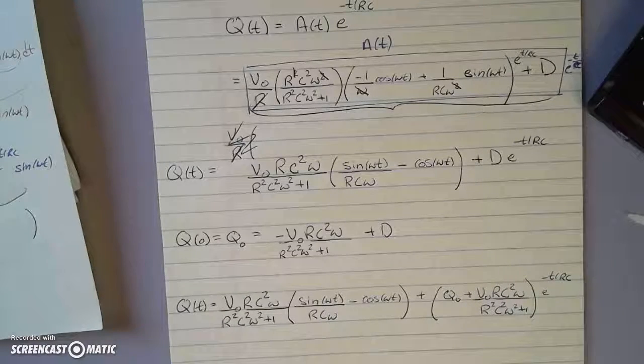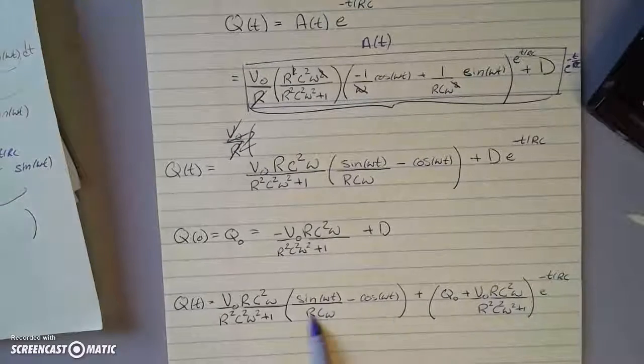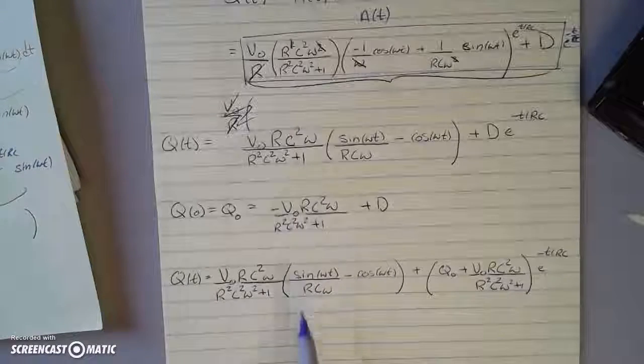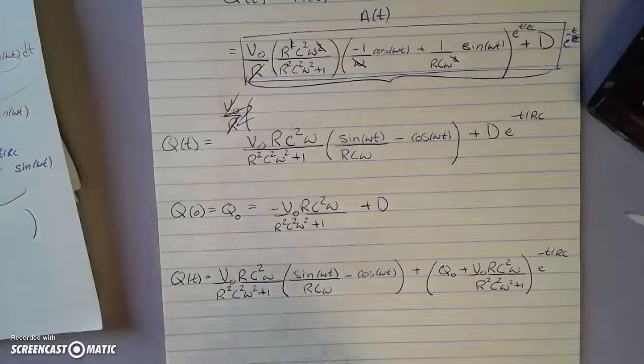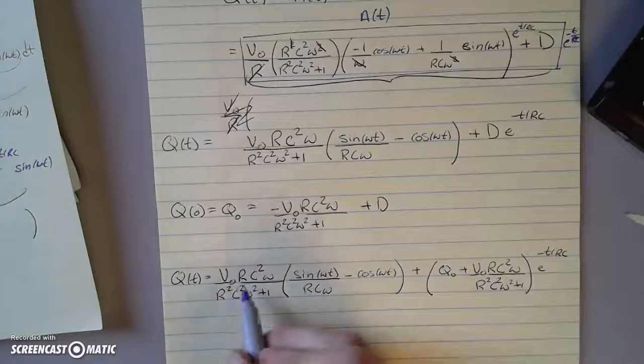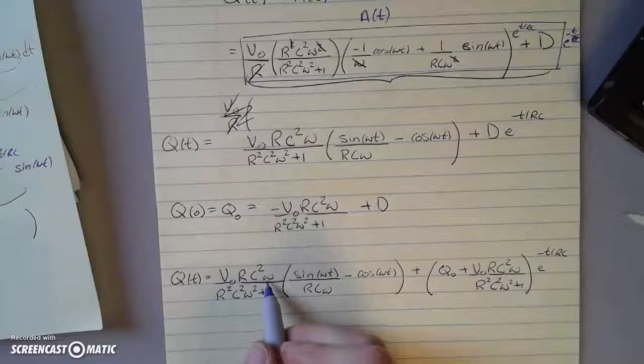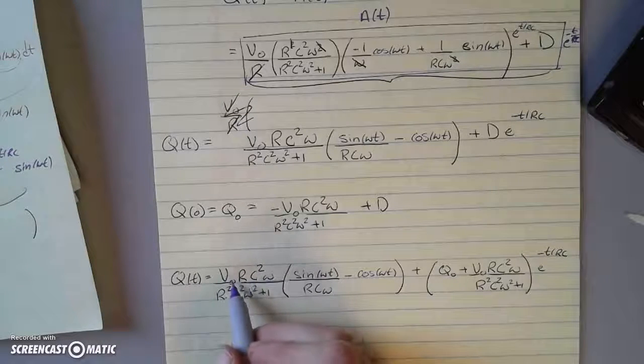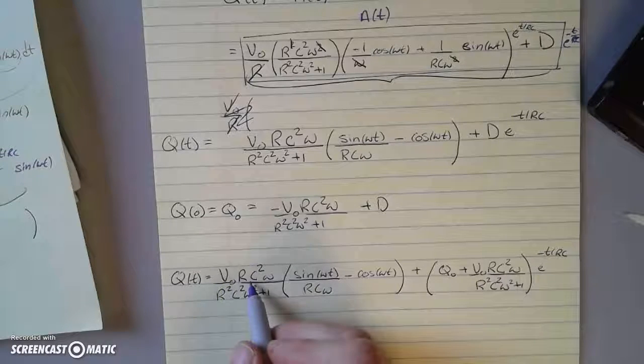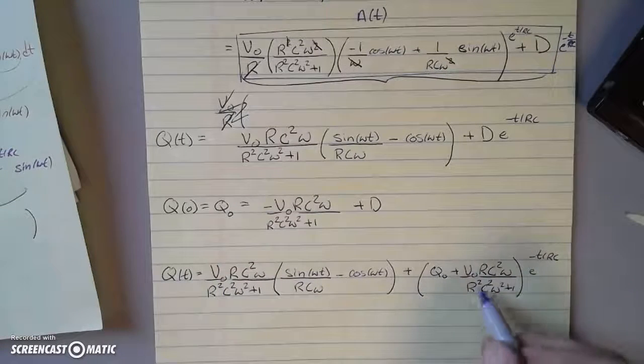And again, quick unit check. Everything in the parentheses here is unitless. So what do we have here? The denominator is unitless. One of these RC's has inverse units of omega, so they cancel out. VC gives you charge, so that's cool. What about over here?